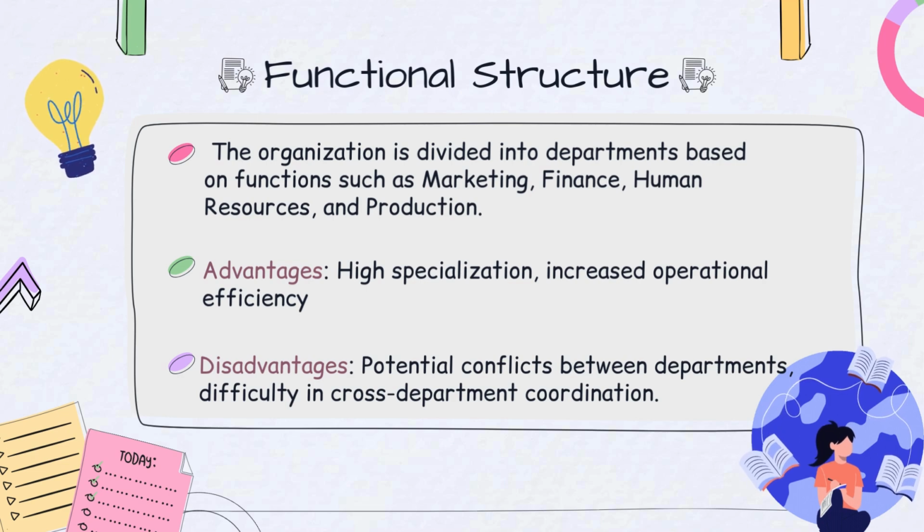The organization is divided into departments based on functions such as marketing, finance, human resources, and production. Advantage: high specialization, increased operational efficiency. Disadvantage: potential conflicts between departments, difficulty in cross-department coordination.